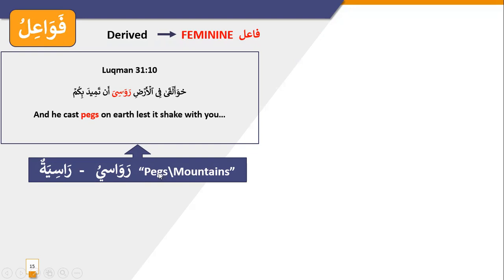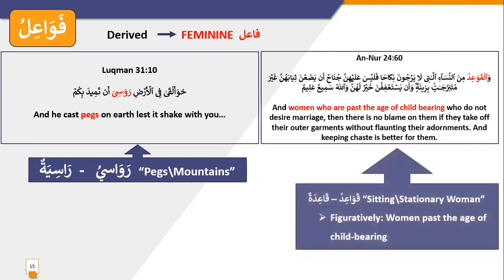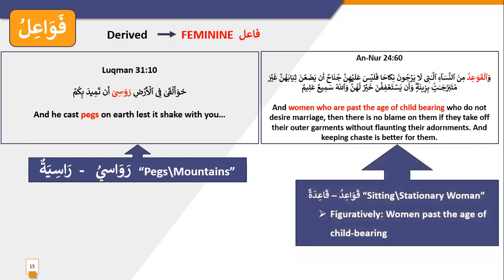Another example is Qawa'idu, which means women who are past the age of childbearing. So over here, Qa'idatun is the singular, the feminine fa'ilah, and Qawa'idu is the broken plural, which means sitting or stationary, or figuratively, a woman past the age of childbearing, not very active that way.